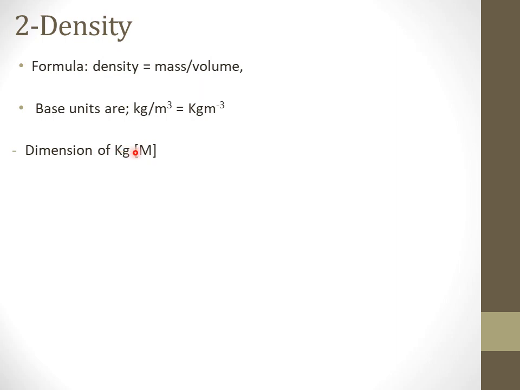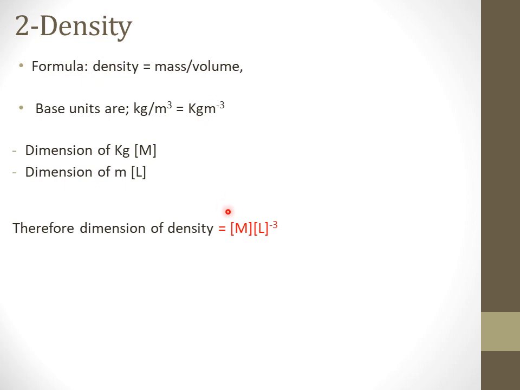Meter is from length, and the dimension of length is L. So in the place of kilogram, we substitute M, and in the place of meter, we substitute L. What shall we have? We shall have M L to the power minus 3.